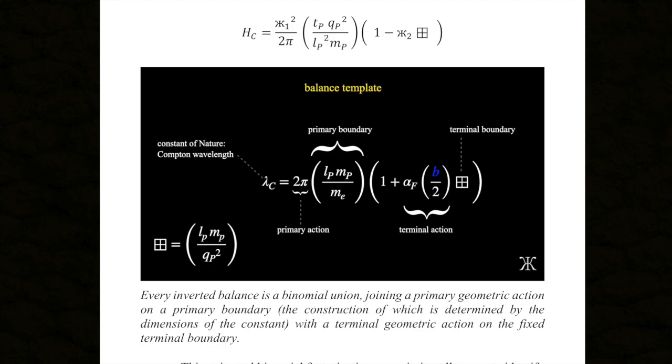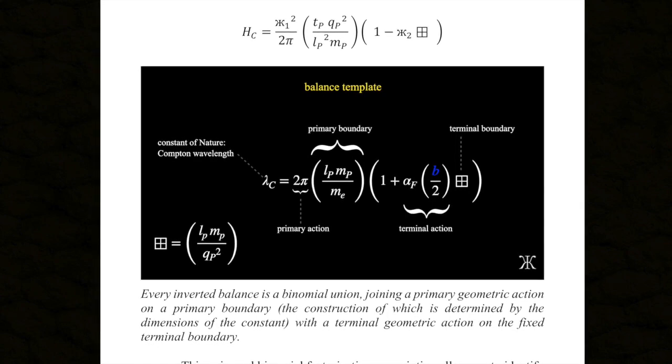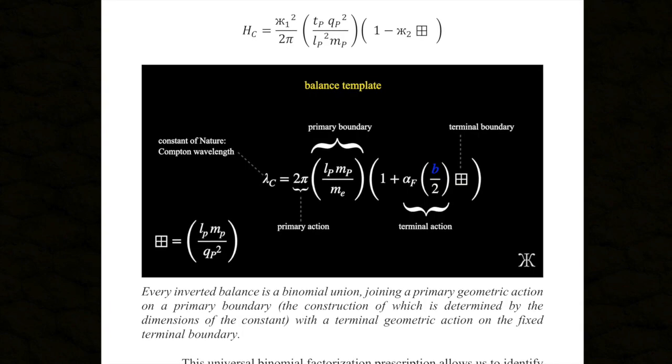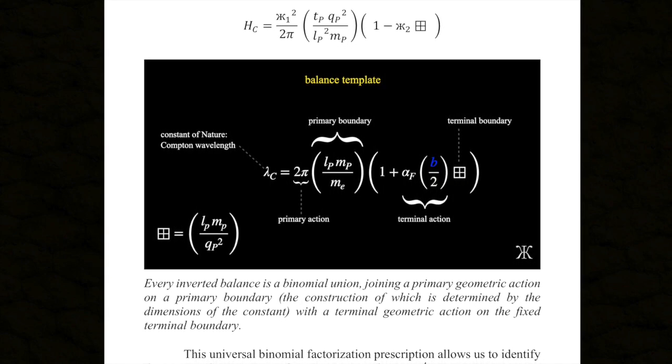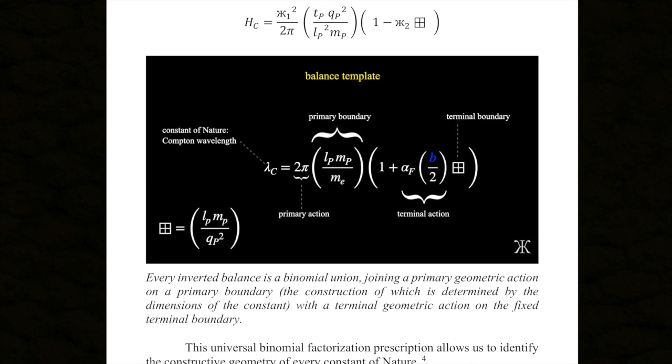And the primary boundaries are determined by the dimensions of the constant. And the primary action then is just determined by the geometry that maintains that dimensional arrangement. And the terminal action represents the geometric partitioning that's being maintained on the terminal boundary.